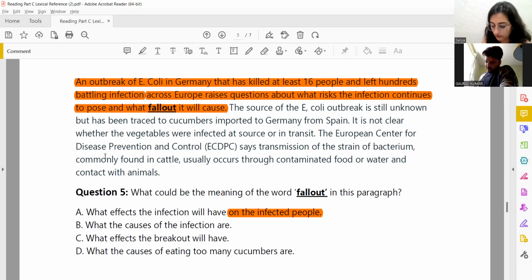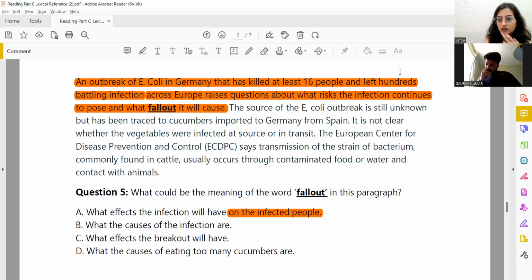Sixteen people have died. Think about it: will the infection be only on infected people or everybody?